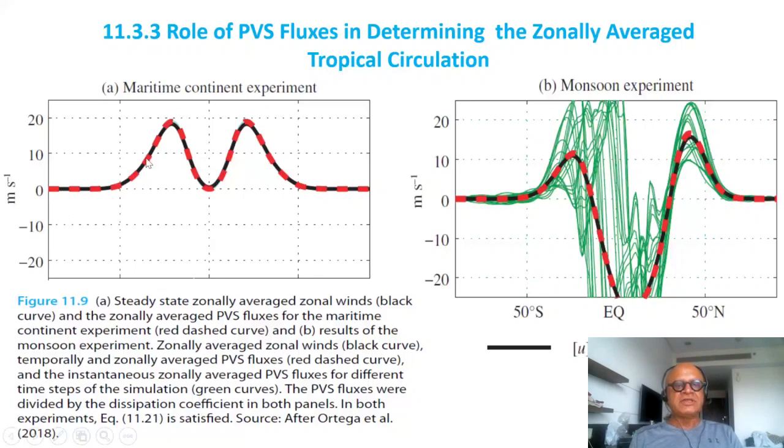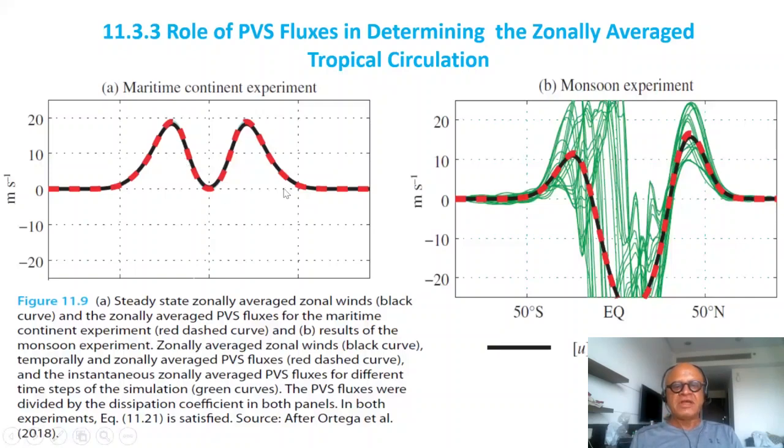You can see the clear correlation between the two, which clearly attests to what we just said, that the PVS fluxes and the dissipation in the tropics contribute to maintaining the zonal mean upper level circulation in the low latitudes.